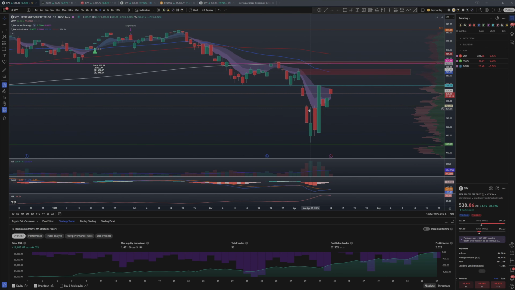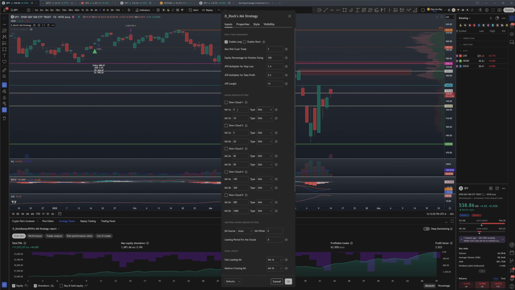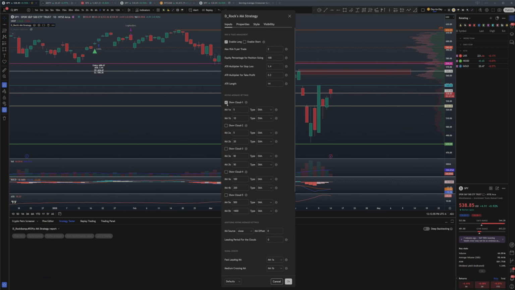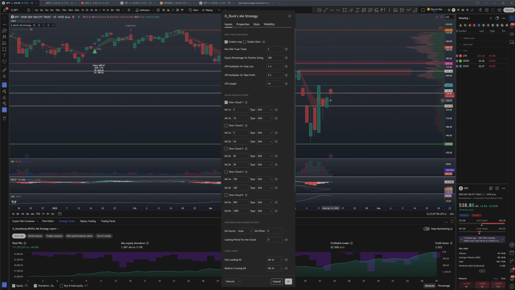On my particular one, I have a mix of the indicator and the strategy, and that is simply because we are live in the markets right now. If I were to turn on these clouds, you can see here how today's candle, this cloud isn't touching today's candle. That's because TradingView, for the strategies, it's always in the past, in the history.